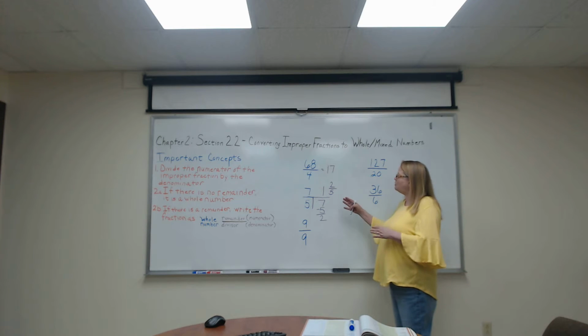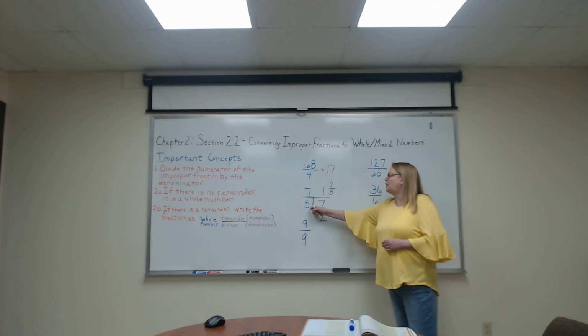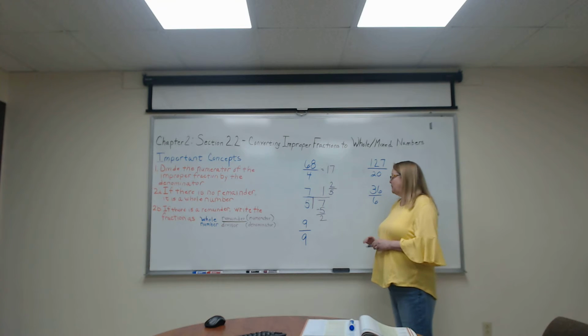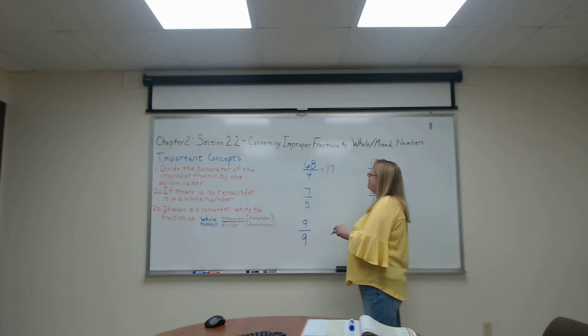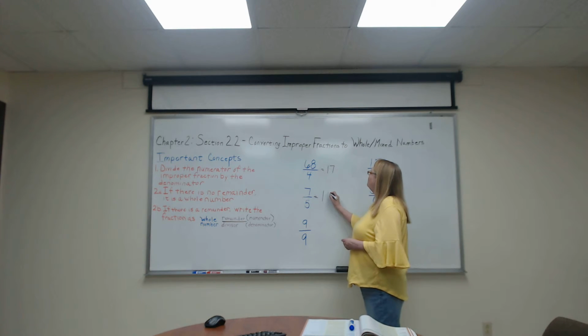So as you're looking at this, something to keep in mind: when there's a remainder, that remainder becomes the numerator, and whatever you were dividing by, the denominator, stays the same. So let's do a couple more practice problems. So we know this equals 1 2/5.